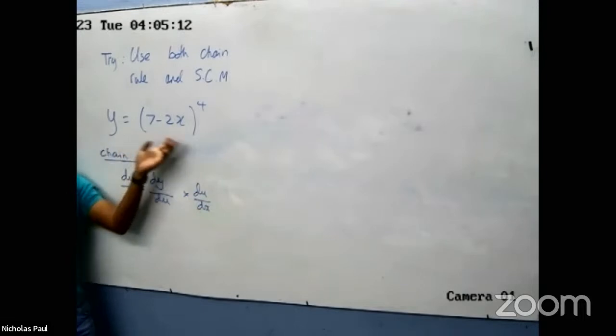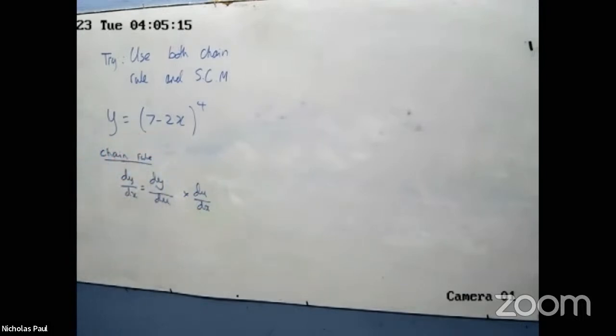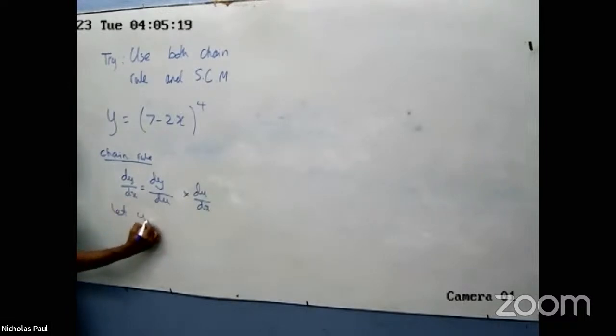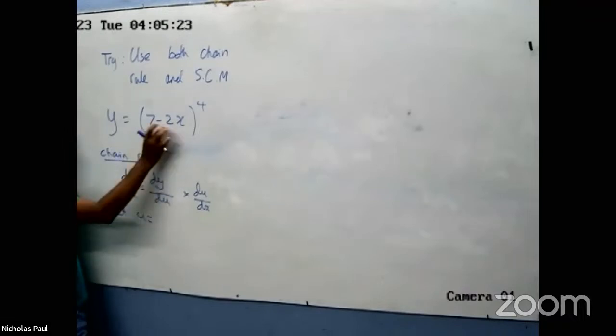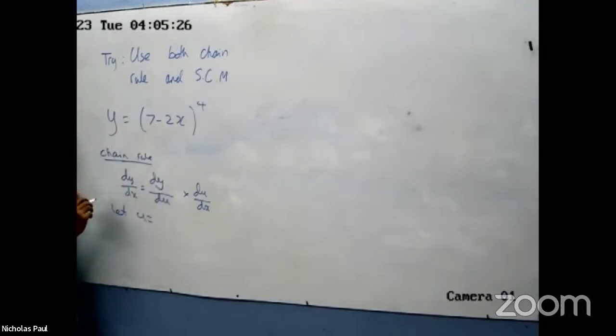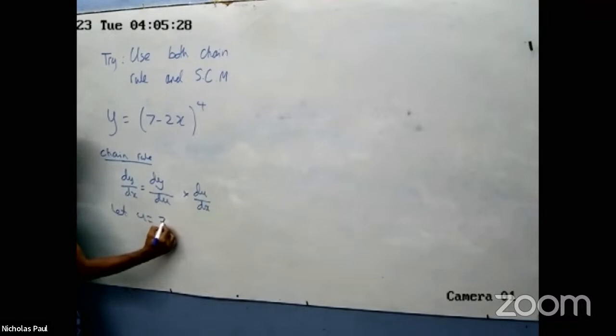If you look here, there is no u, so you have to introduce a new variable called u. And what do we let u equal to? We generally let u equal to whatever is in the brackets. So the bracket is 7 minus 2x.